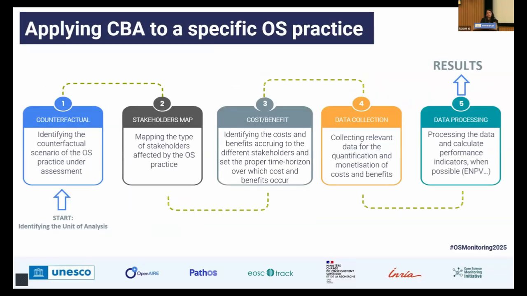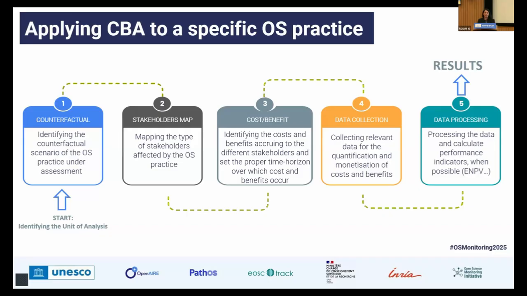So how do we put this methodology into practice? Our roadmap to apply this methodology suggests keeping in mind some key steps. What we have learned during this three-year project is that open science practices are collaborative resources.